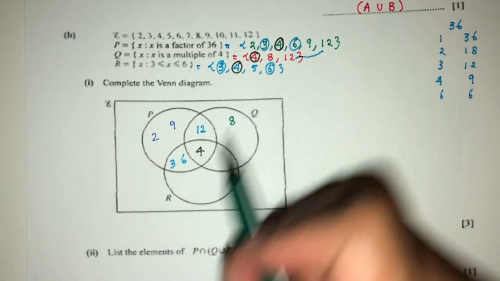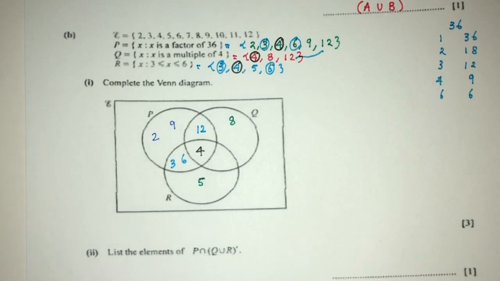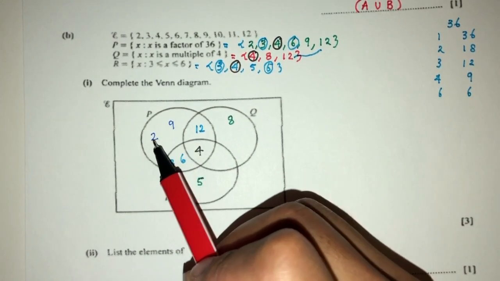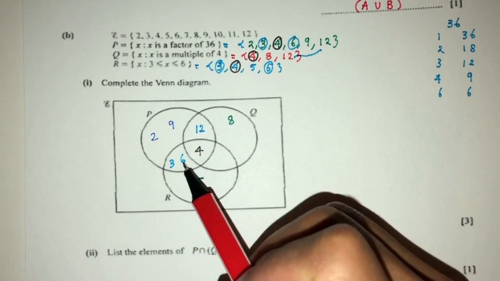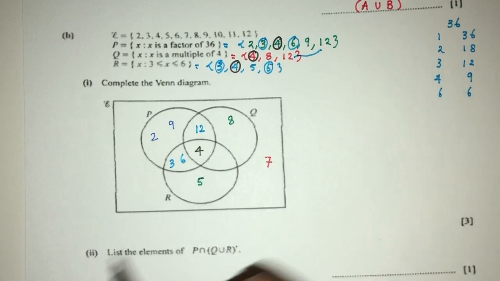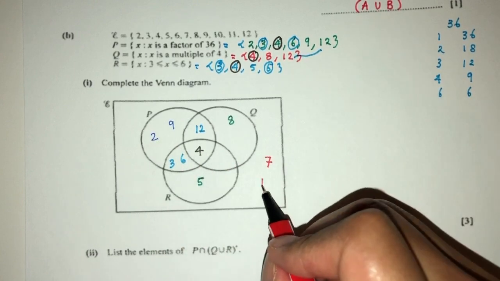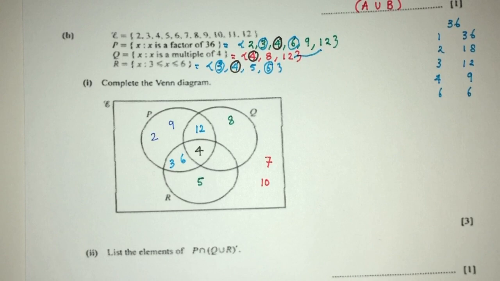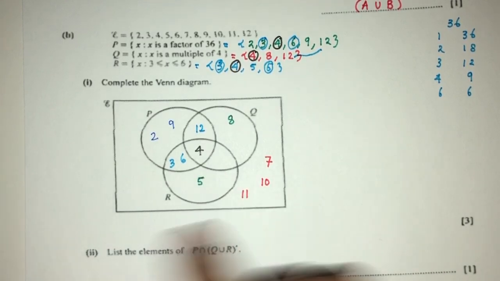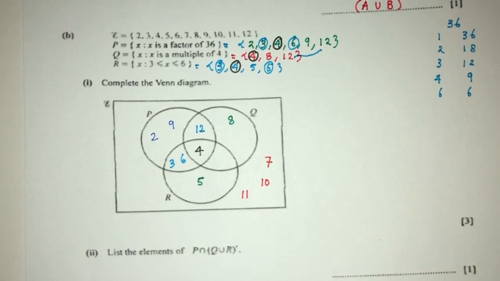And then for R we have 5. So now, are we missing anything? Let's count. We have 2, 3, 4, 5, 6, 7 will be outside. 8, 9, 10 will be outside. And then we have 11 will be outside. And then 12 right here. So as you can see, these are the values that will be outside the 3 sets. That will be part 1 of the question.